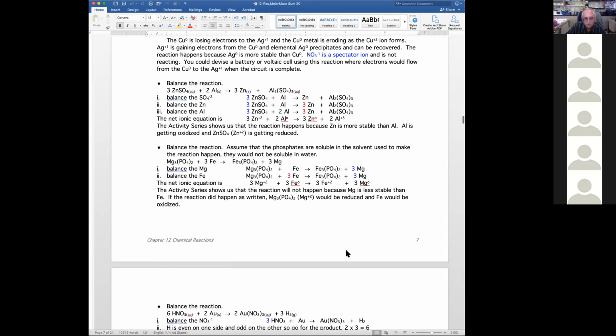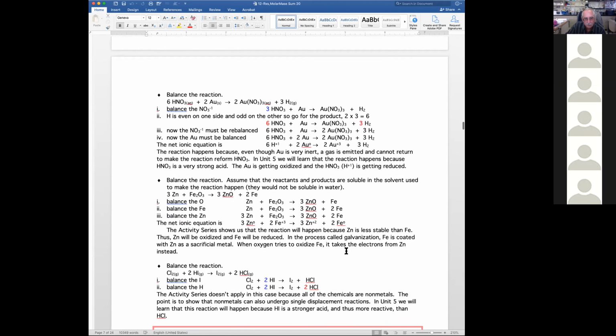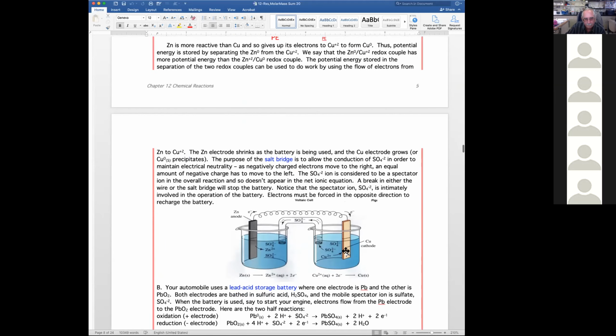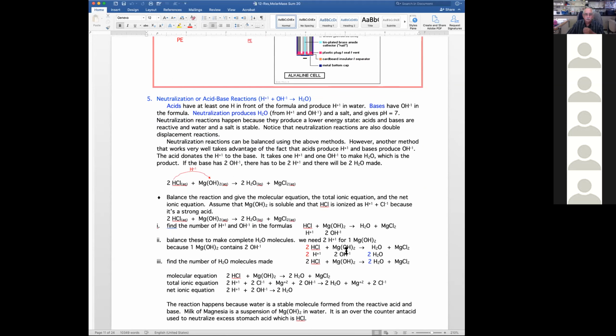So let's see. The neutralization reactions, they also are double displacement, because here's a compound and a compound, and then you go and form a compound and another compound.